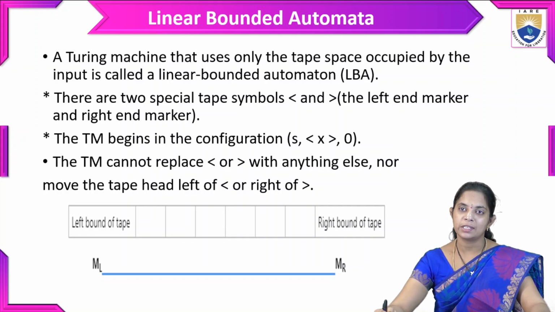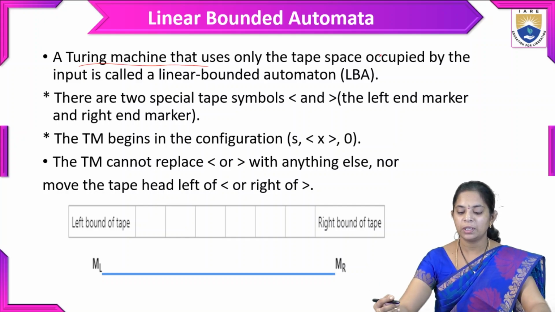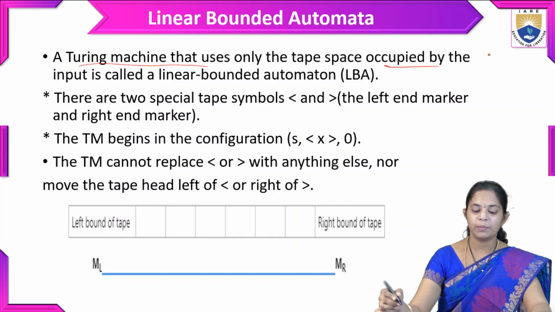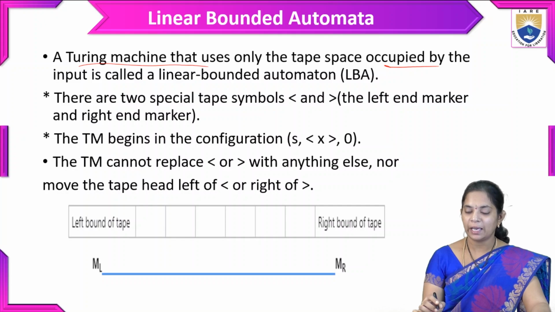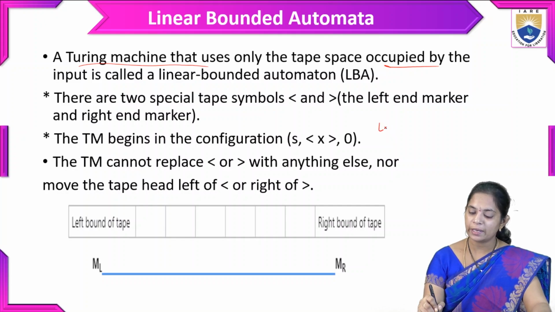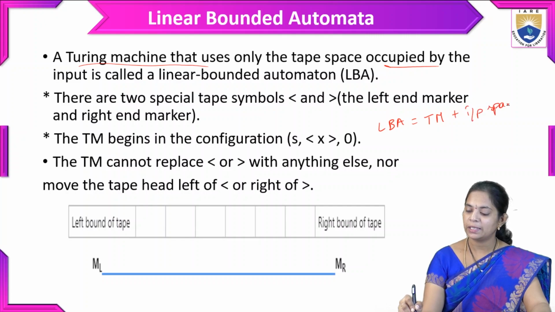A Turing machine that uses only the tape space occupied by the input is called a linearly bound automaton. Generally, this LBA is represented as TM, Turing machine, plus input space tape.